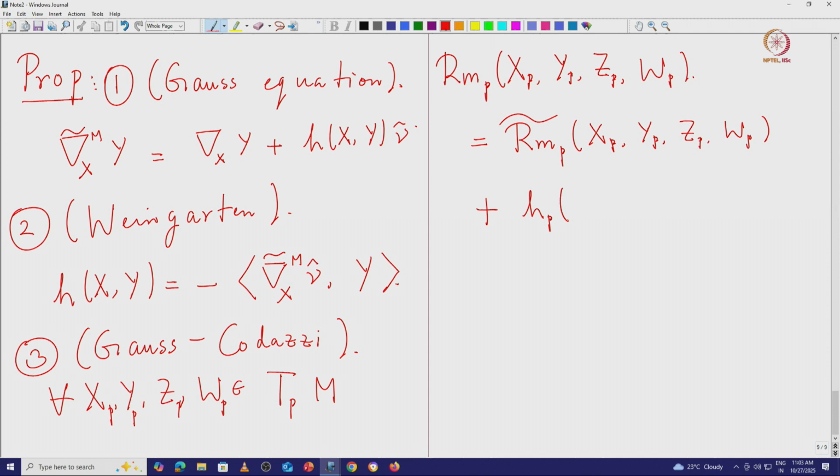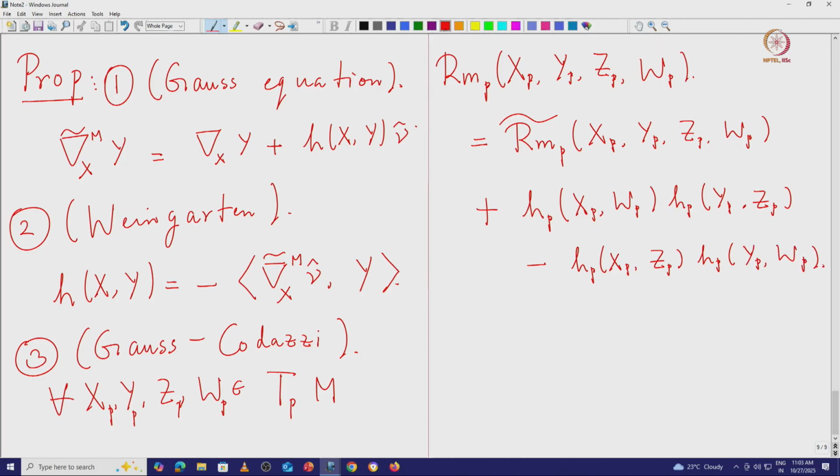So, plus HP of XP WP, HP of YP ZP minus HP of XP ZP, HP of YP WP. Okay. So, let me now prove this proposition.